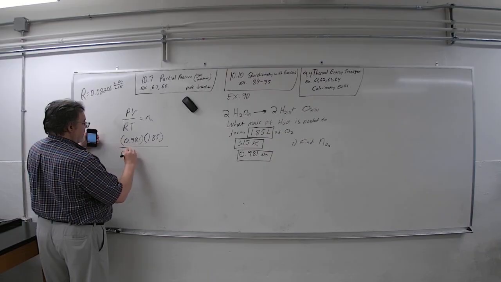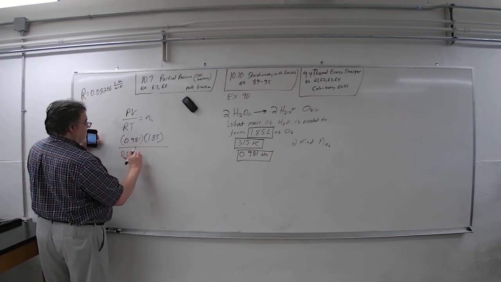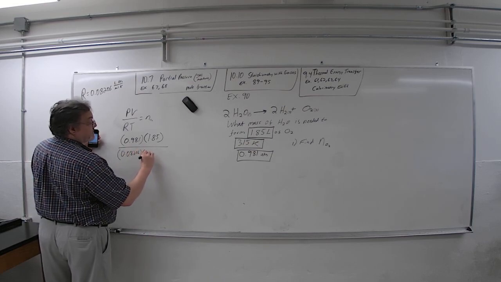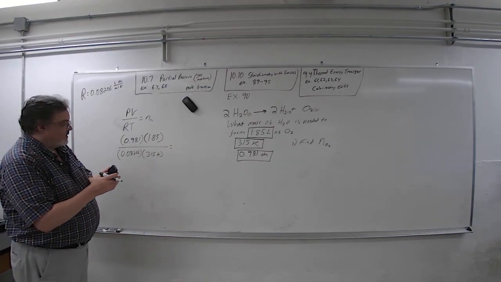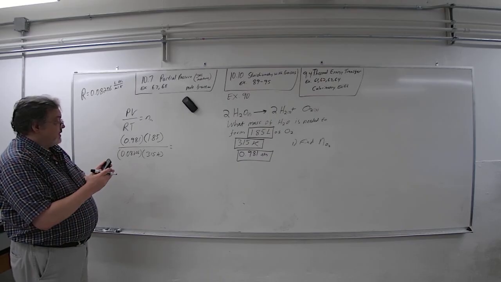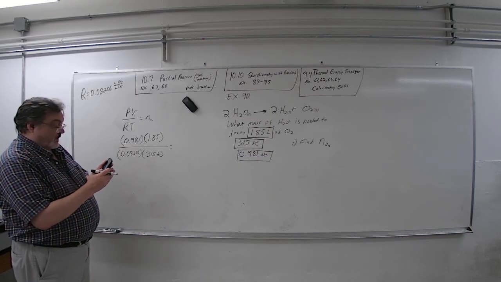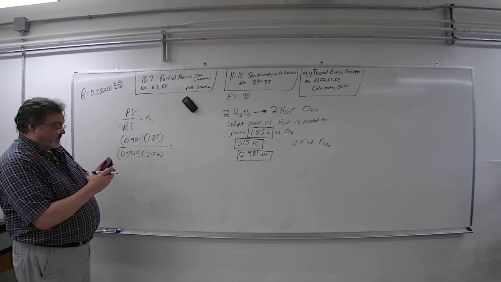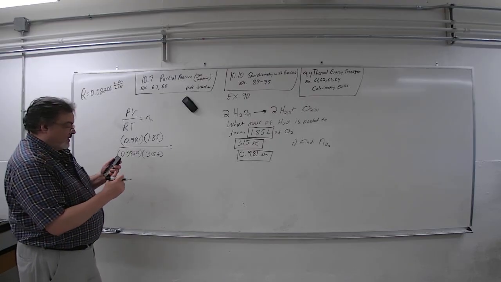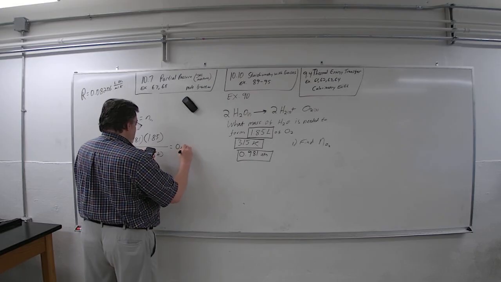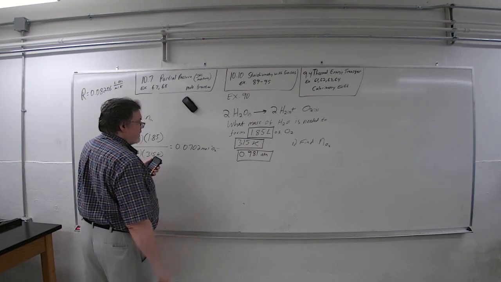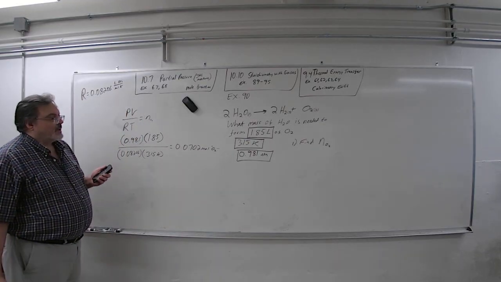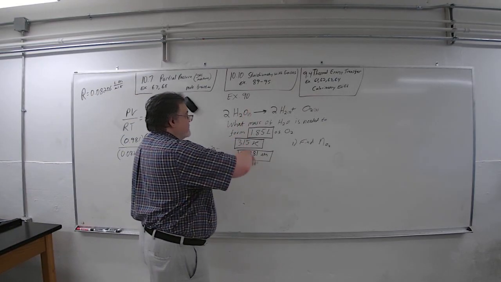R is 0.08206. Temperature is 315 K. 0.981 times 1.85 divided by 0.08206 divided by 315. So that means that's how many moles of O2 will be there if all this is true.